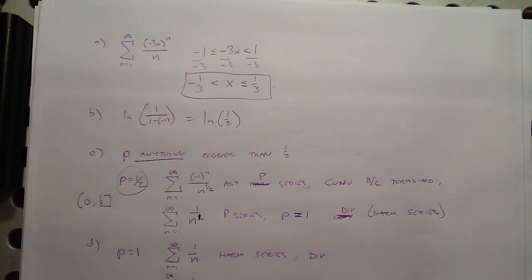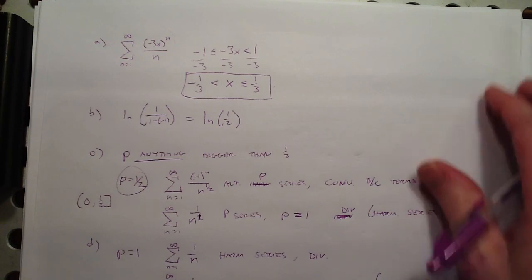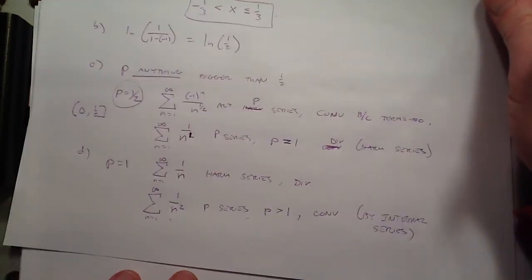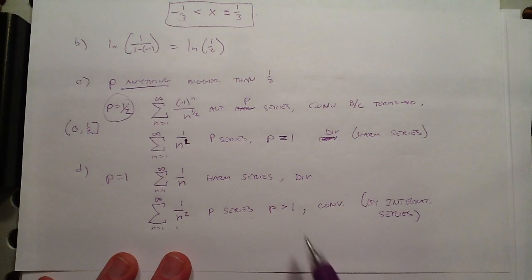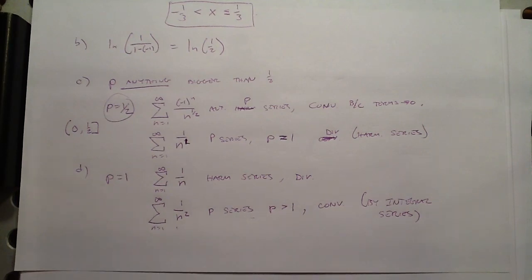Remember why that converges? How do we know this stuff about p series? By the integral test. Probably don't have to say that. We'll check it out in the rubric, but that's how we know the p-series information that we do. That's good. I think I'm going to stop there, and we'll put the other two in a second video.